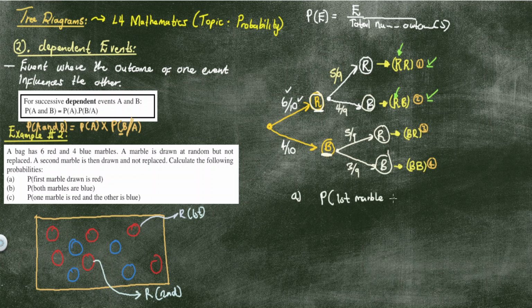the probability of the first marble drawn being red is equal to the probability of red first and red second, or red first and blue second.